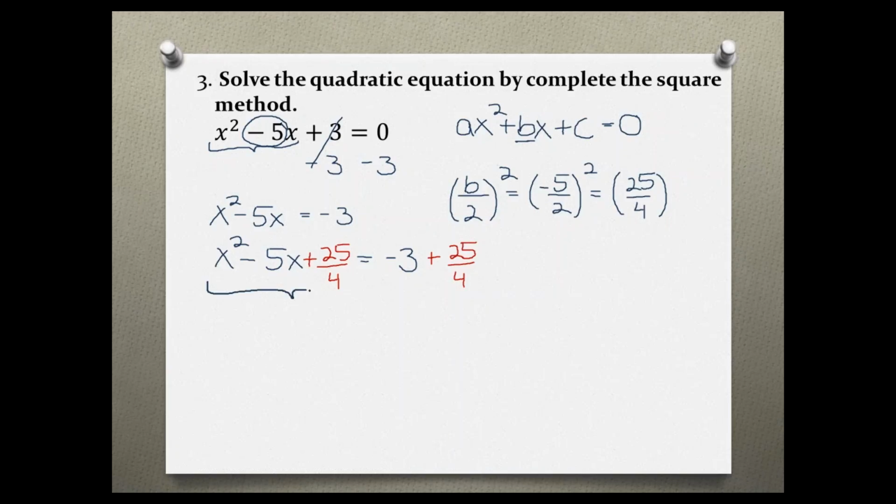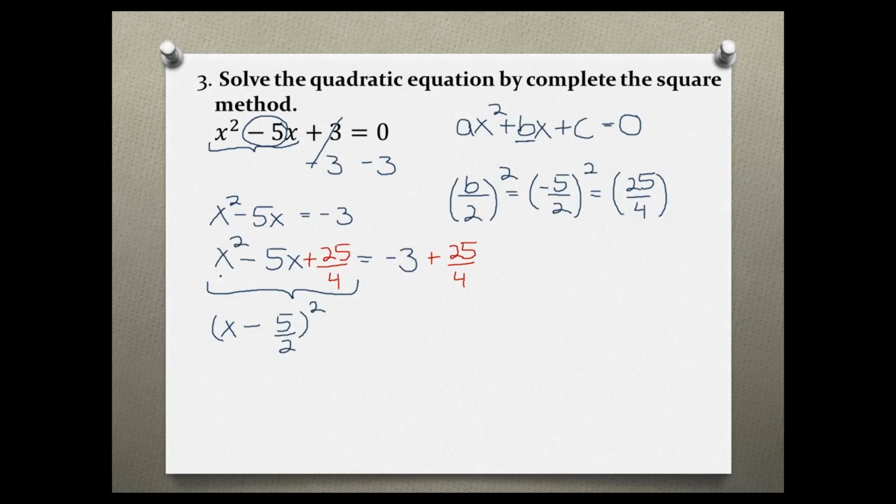Knowing that this is a perfect square trinomial, we can factor it the simple way: x minus 5 over 2 squared.